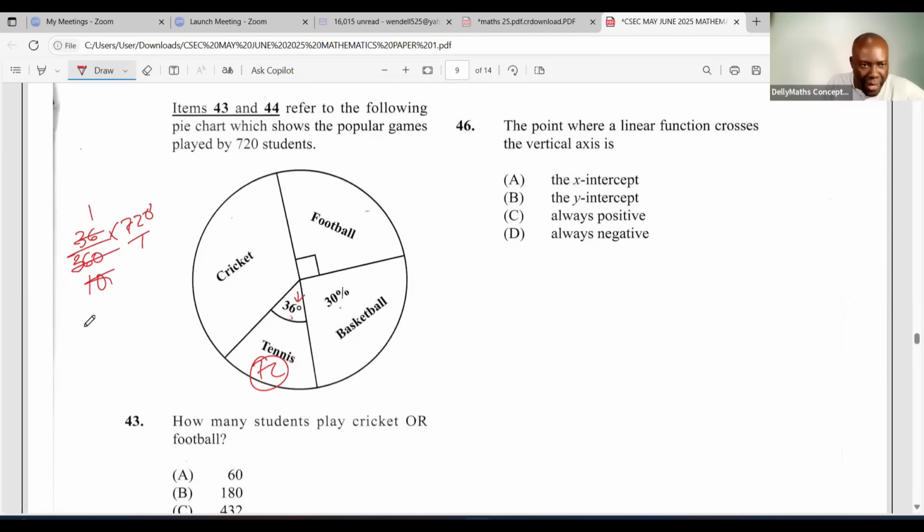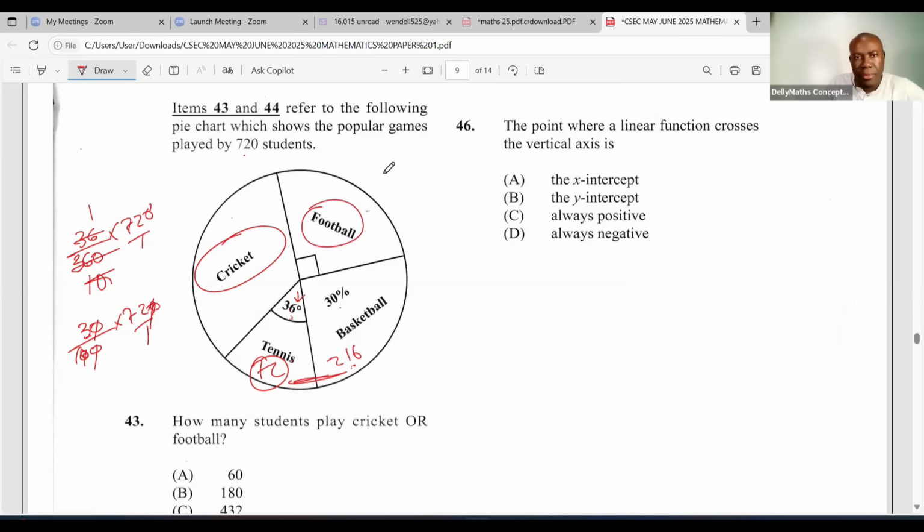For 30%, I can just find 30% of the same 720. So 30% is to multiply the 72 by 3. This is 216. If you want to do it the long way, 0 cancels 0, 0 cancels 0, you could see 72 times 3 is actually this. If I add up these and take it from the total, I'm left with those who play cricket or football.